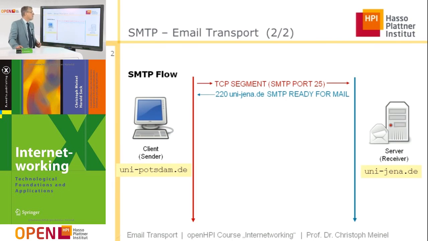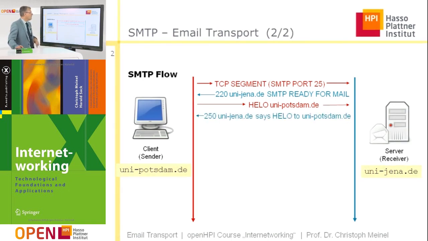An answer is sent back which says, yes, ready for mail. This is the code 220. Then there is an introduction of the sender of the email, hello unipotsdam.de, and on the Jena side the answer is sent back with the code 250 to say hello to University Potsdam, and then the first parts of the mail are transmitted.